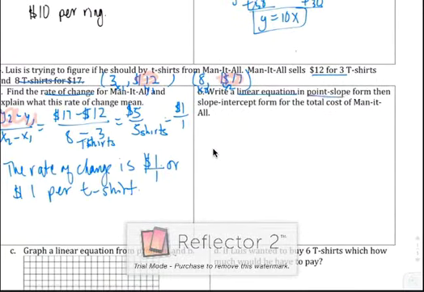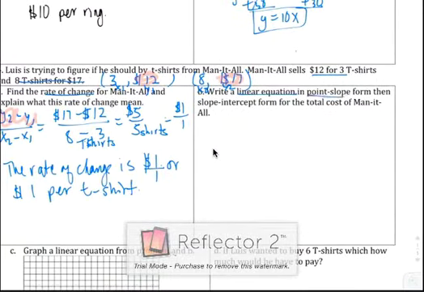we'll just ignore that. y minus y1 equals m parentheses x minus x1. y minus y1, y1 is 12 right here, m is 1 right there, x minus x1, which is 3.